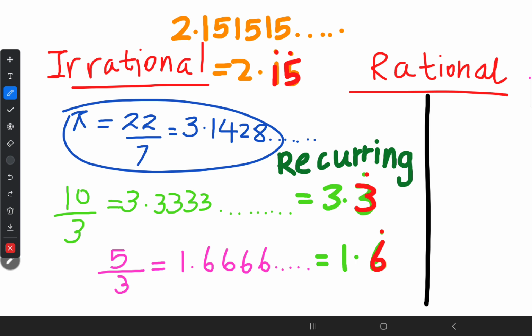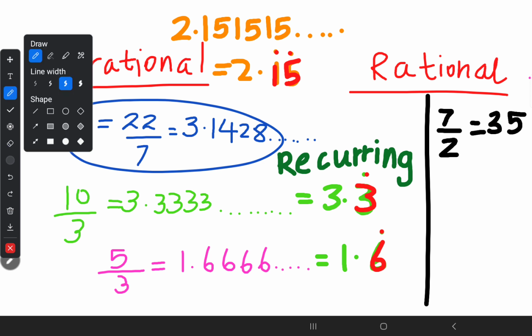In rational numbers, the thing is easy. Only finite values. For example, when we take 7 divided by 2, that will give you 3.5. This is a rational number. That means the decimal is not going up to infinite. There is a limitation. These are called finite. 3.5 only, there are no further values.